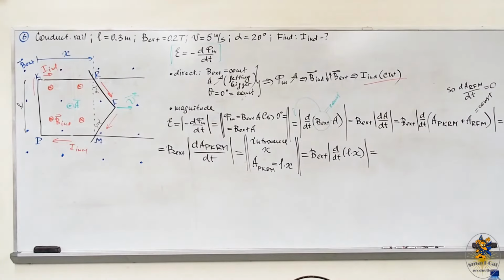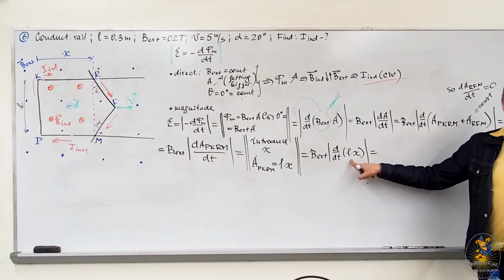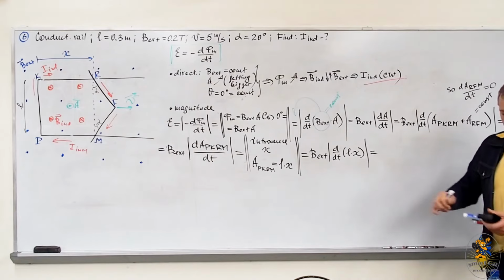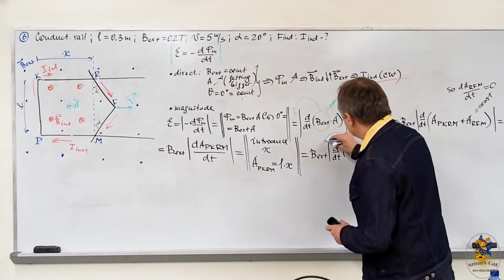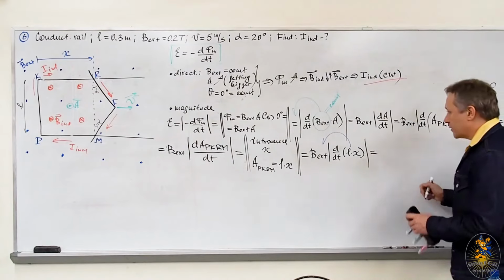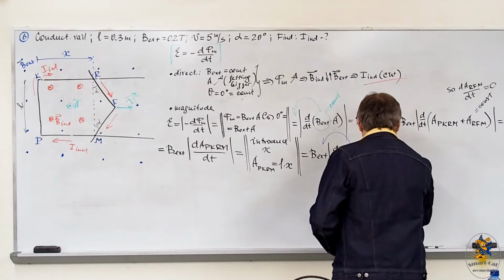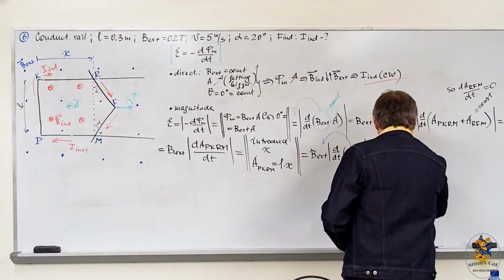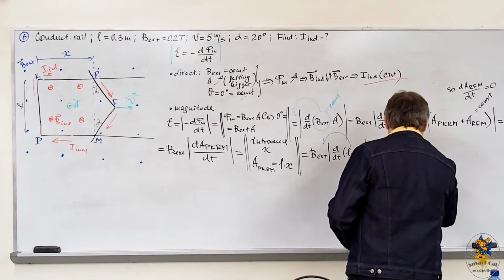So now the next step: which quantity can be pulled out of the sign of differentiation? The width is constant. L is constant. So this L can be extracted. As a result, B external times L and absolute value of dx over dt.